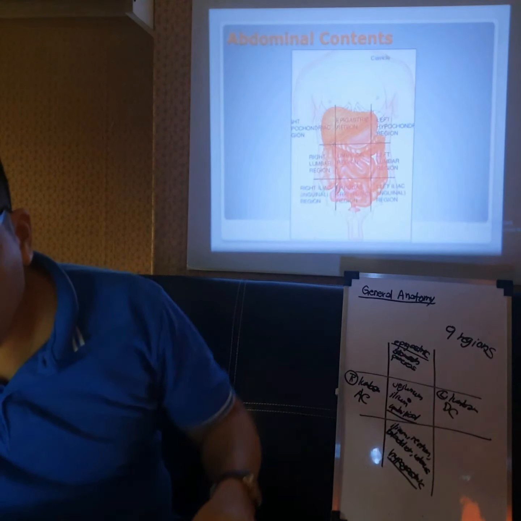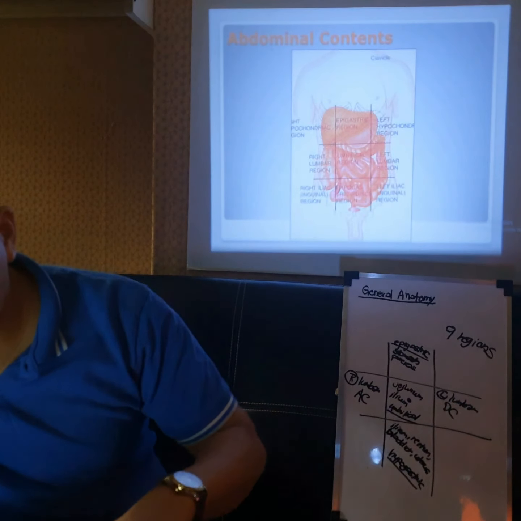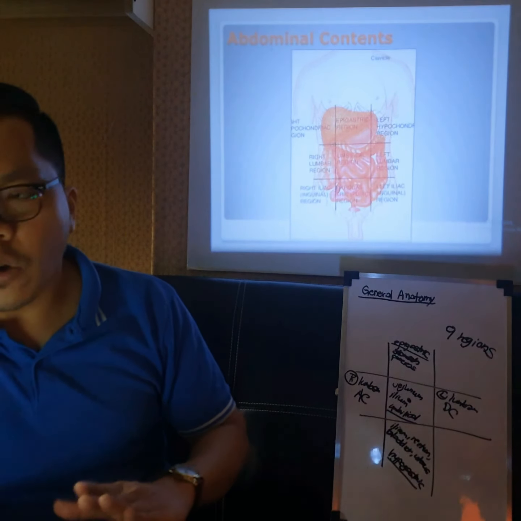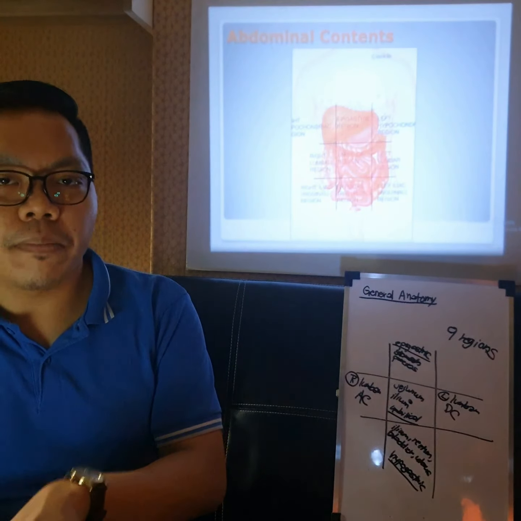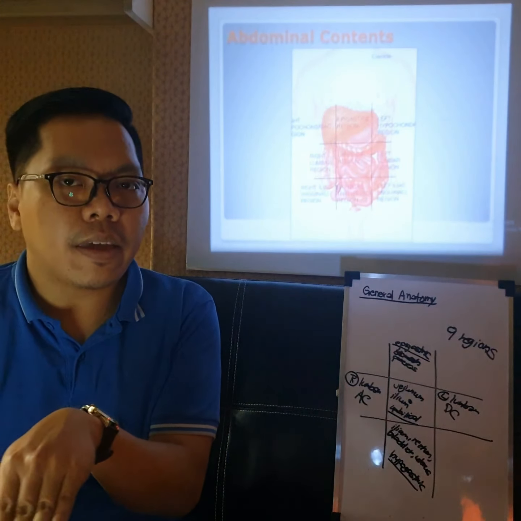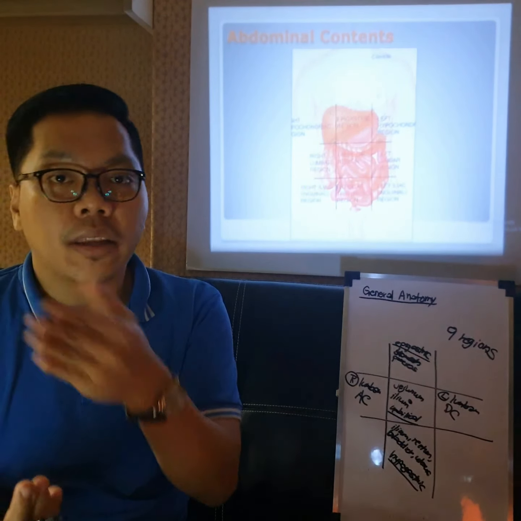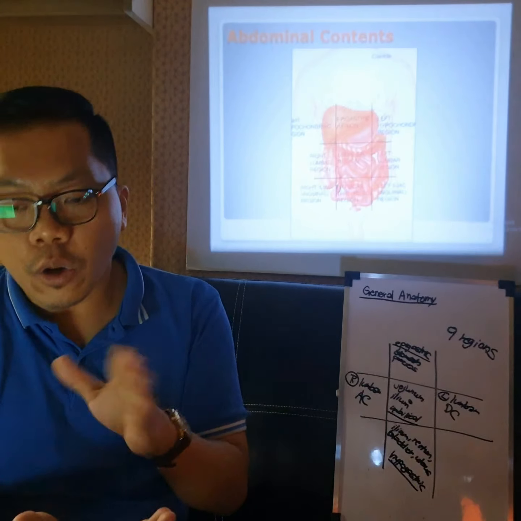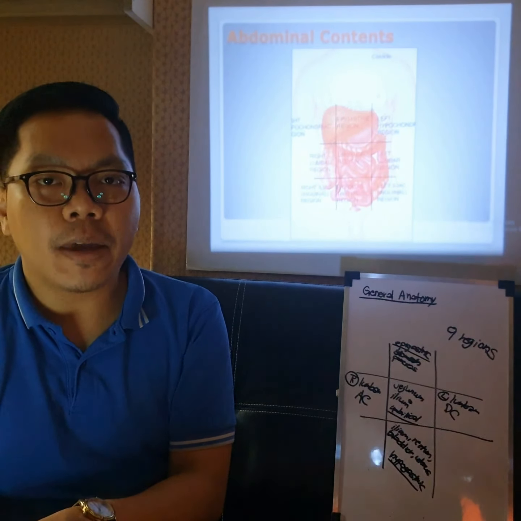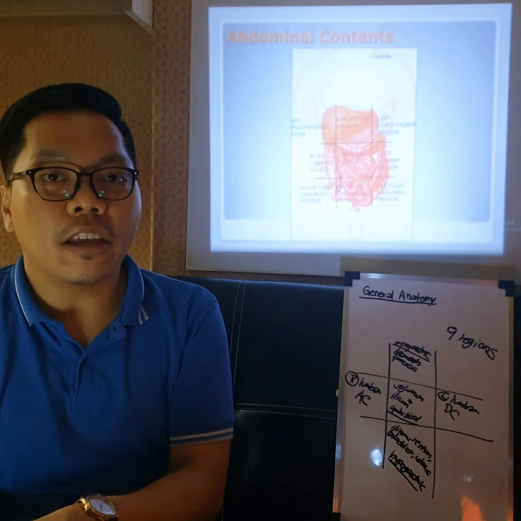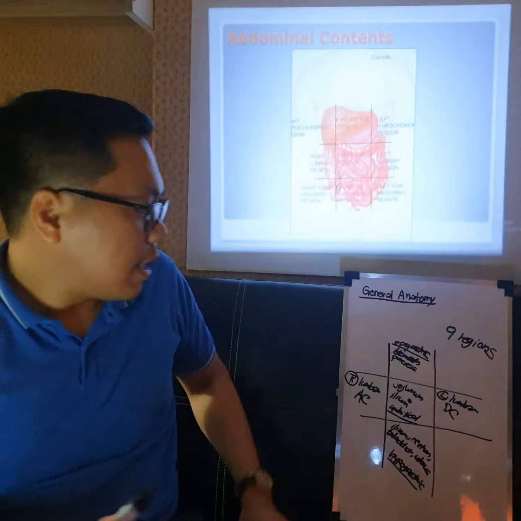Okay? Then, ano naman yung nasa sides ng epigastric region? So, for the sides nitong epigastric, we call that the hypochondriac region. Bakit hypochondriac? Kasi hypo meaning below, and kapag sinabi natin chondriac or chondrium, it means cartilage. Diba? Kapag merong chondro, C-H-O-N-D-R-O, chondro, it means cartilage.